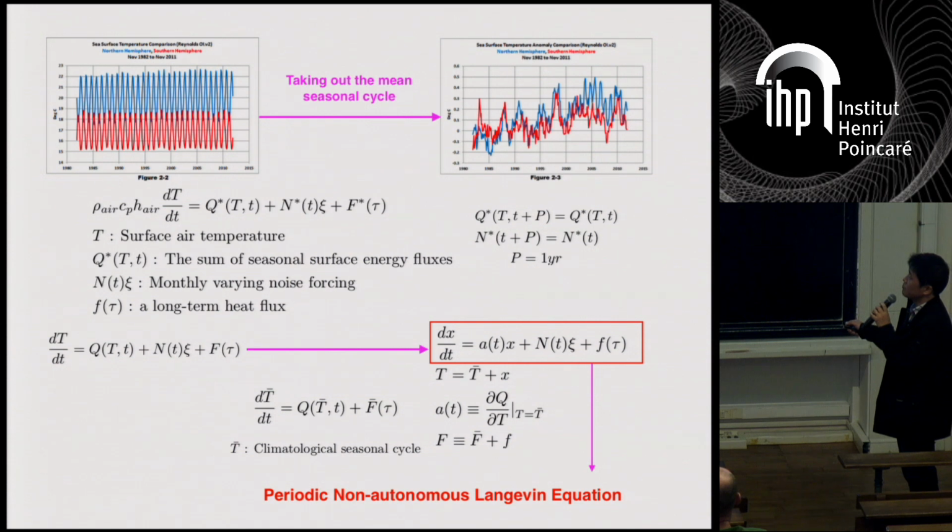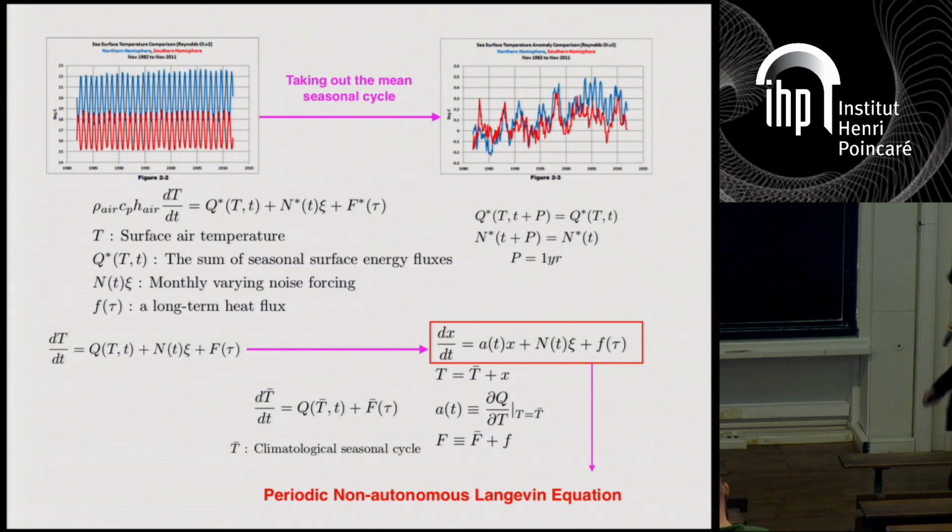So here, this model should represent this situation. I want to take out the climatological mean seasonal cycle. In this model, I argue that there is a T-bar satisfying this equation, some mean equation. T-bar is the climatological mean seasonal cycle we could calculate from the data itself.